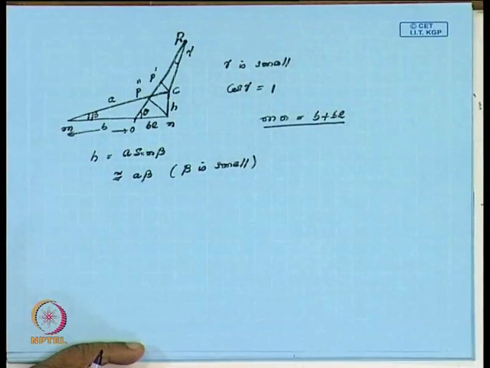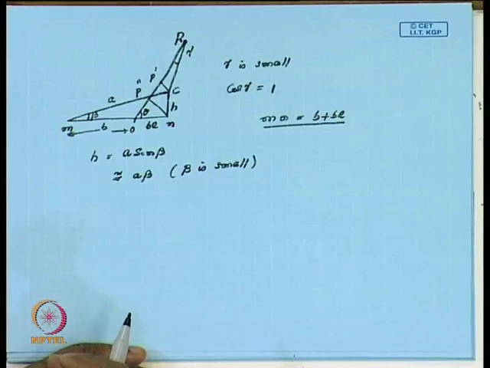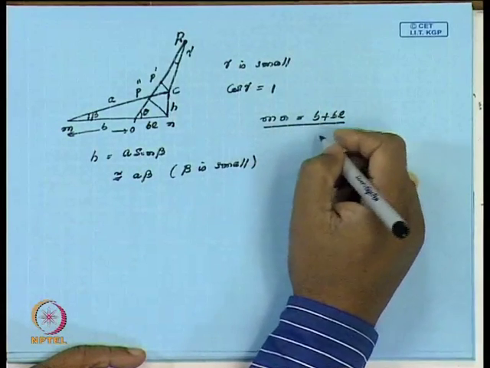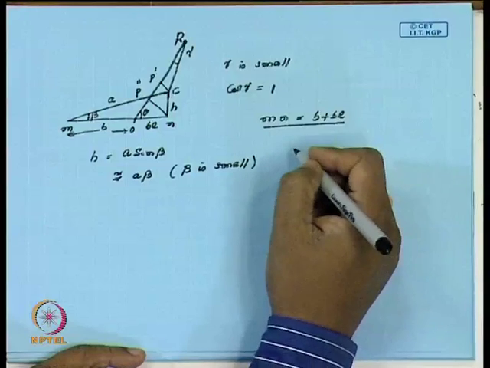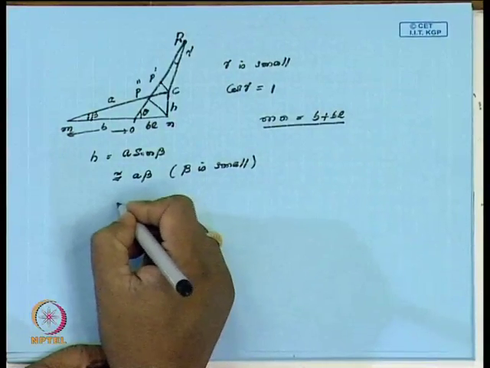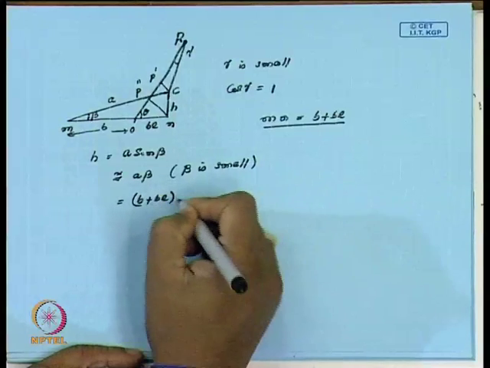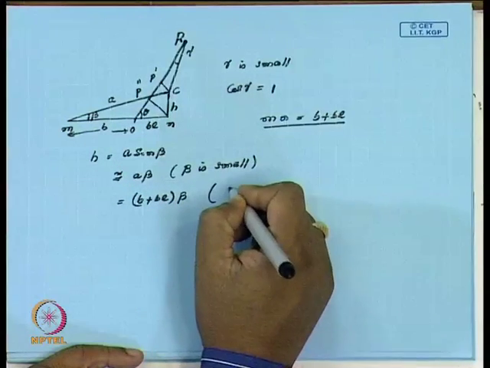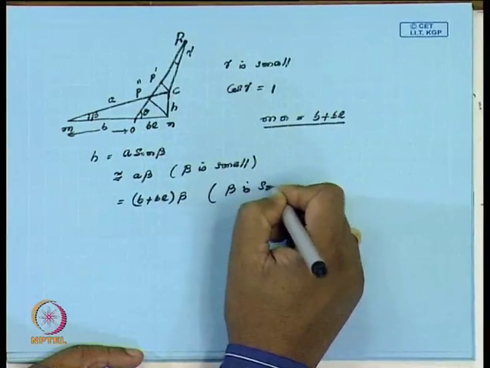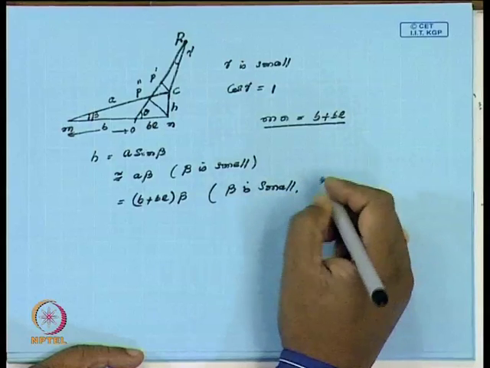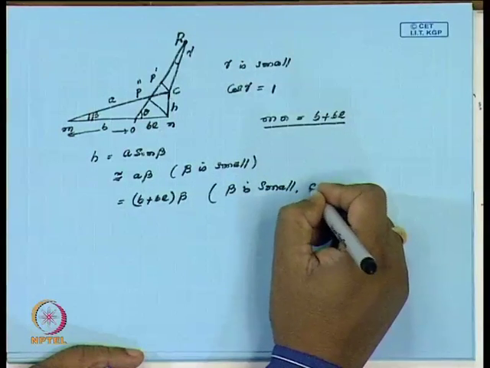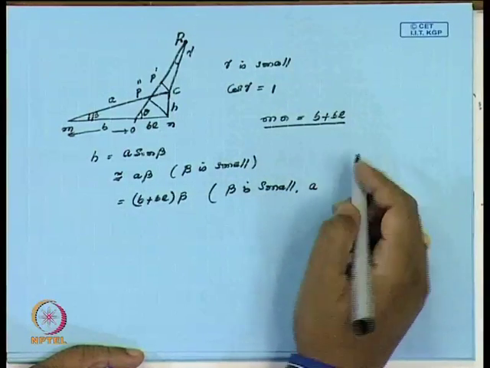Since beta is small, I can also call this B plus BE into beta. Since beta is small, I can call A, because H is a small shift.